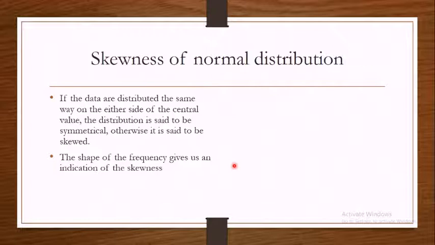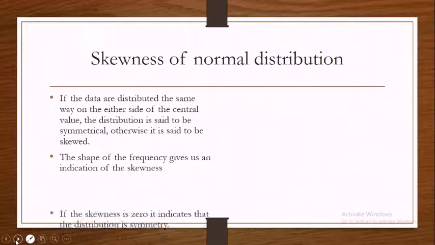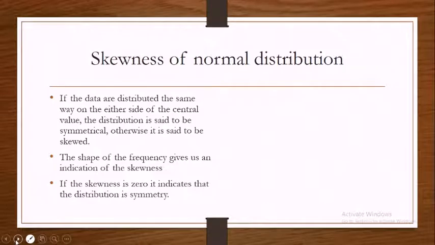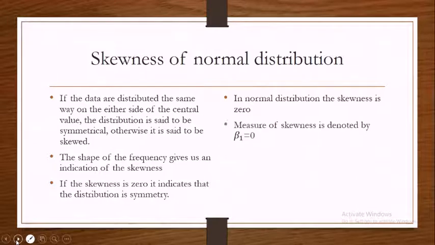The shape of the frequency curve gives us an indication of the skewness, and in the case of normal distribution, as I said before, it is symmetrical, and the skewness is 0. The measure of skewness is usually denoted as beta 1, also in other distributions, and in the case of normal distribution, beta 1, the measure of the skewness, is equal to 0.